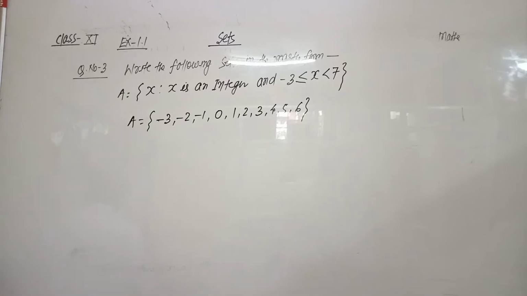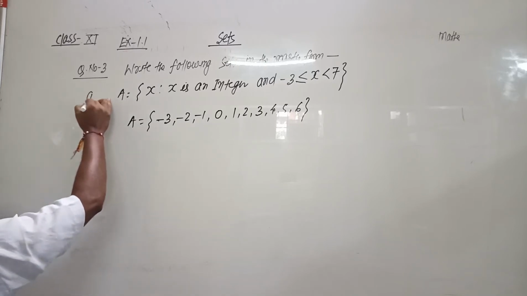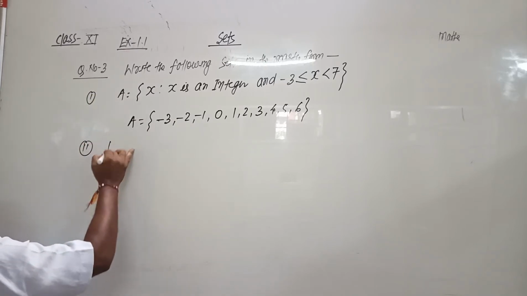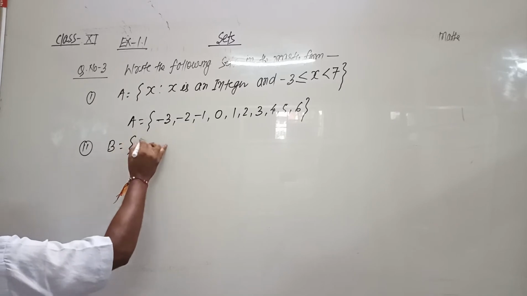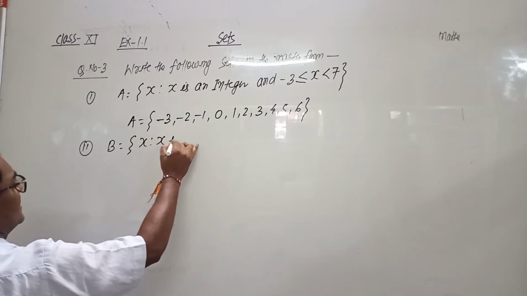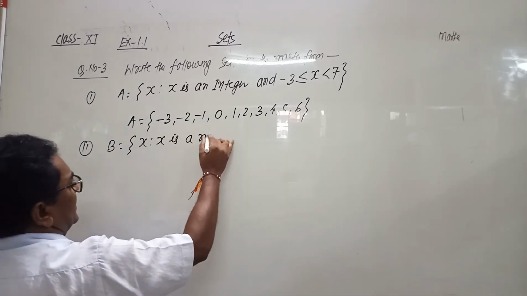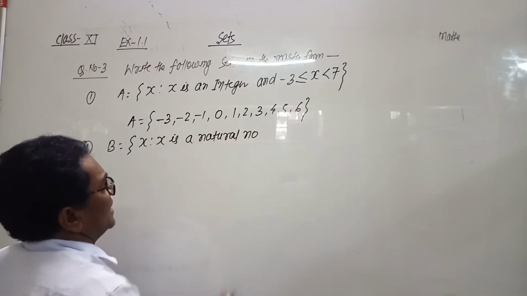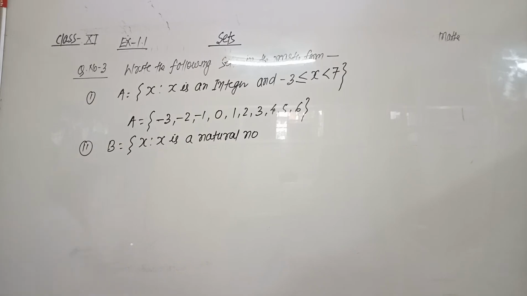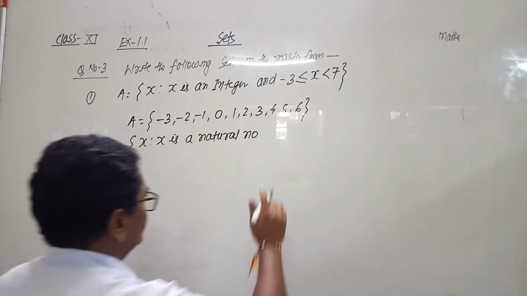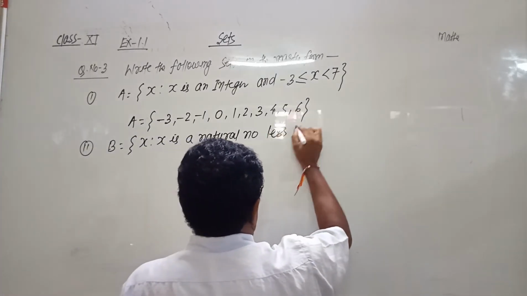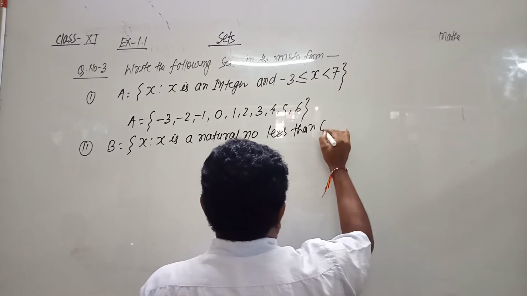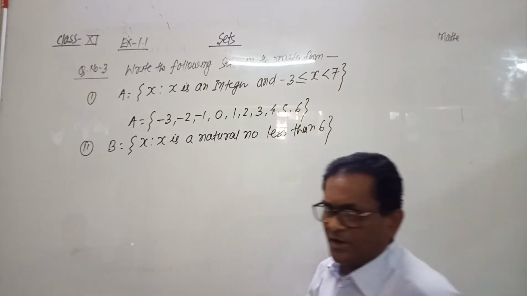The next is B equals to x such that x is a natural number less than 6, and we have to write in roster form.